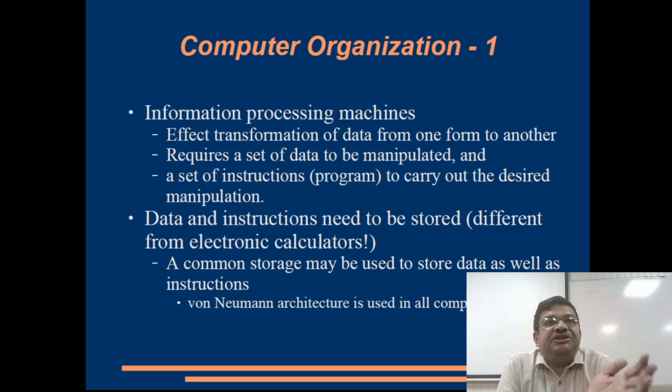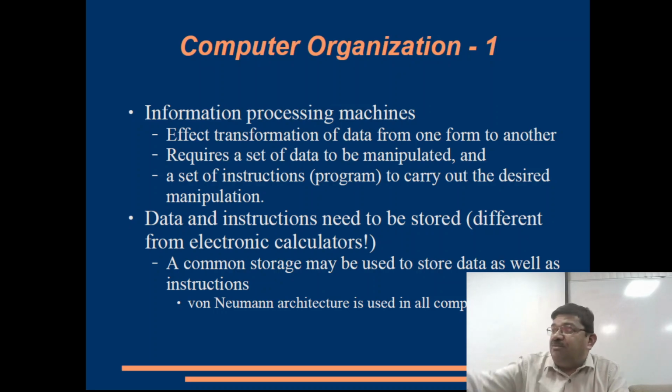And these sets of instructions are what are known as programs. They instruct the computer, the hardware, the basic logic unit, how to carry out the transformation. And obviously, both of these need to be stored. Data as well as instructions need to be stored for a general purpose computer.